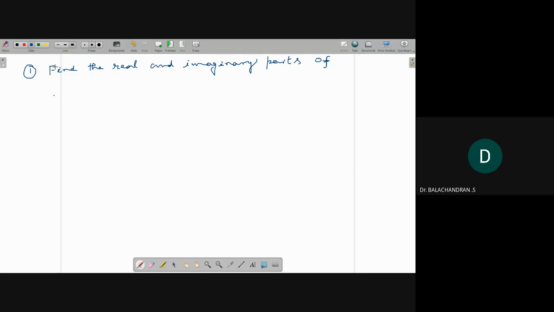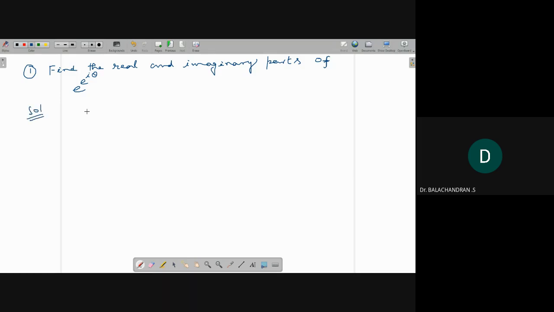Find the real and imaginary part of e power e power i theta. First problem solution.